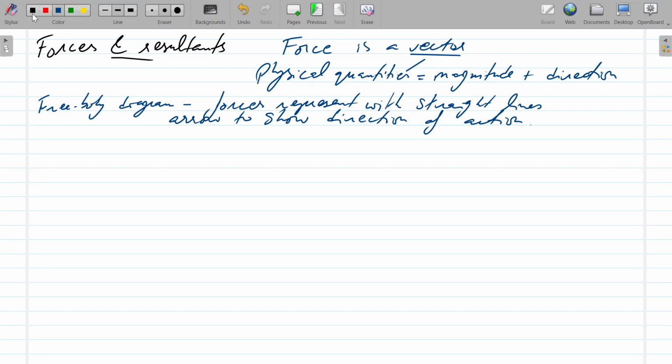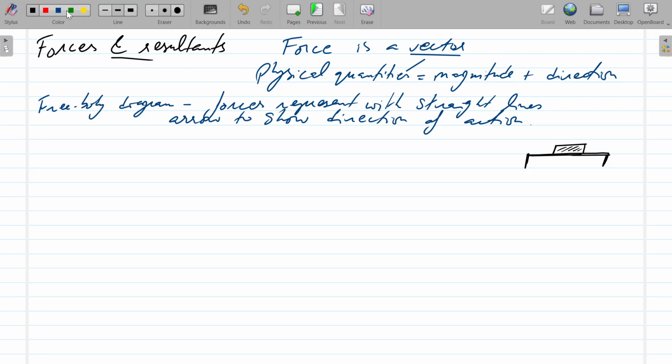So for example, if I make a very crude drawing over here, let's assume that this is a table and you have an object over here. It could be a container, it could be a book, whatever you prefer. We know that all objects have a mass, and if they have a mass, they have a weight.